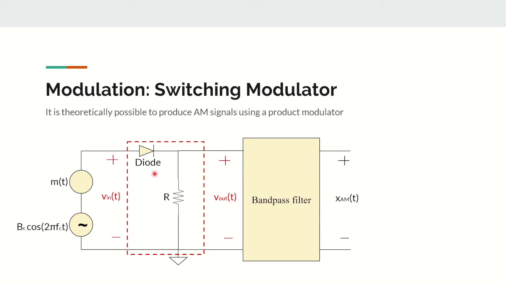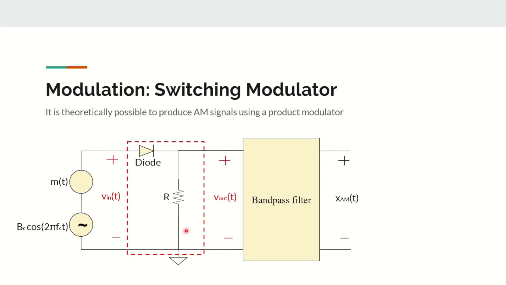In this case, the carrier signal and the message signal are added together. Their sum is fed into a rectifier here. The rectifier is meant to replace negative amplitudes with zero, keeping positive amplitudes unchanged. We'll go over more of the math on the next slide, but a couple assumptions we have to make.